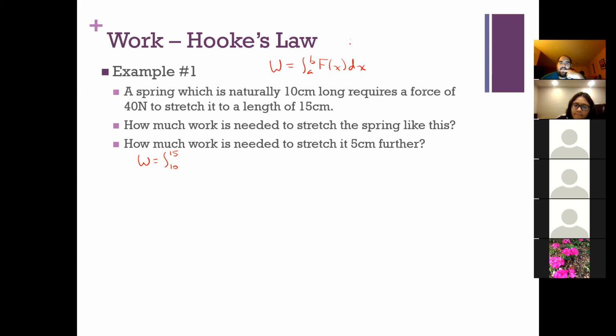In Hooke's law, we have f of x equals kx. What does the x really stand for? What does it represent? The displacement of the spring. Remember that displacement is in relation to its natural length.